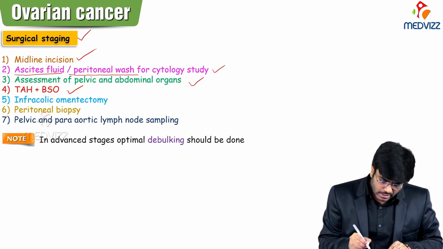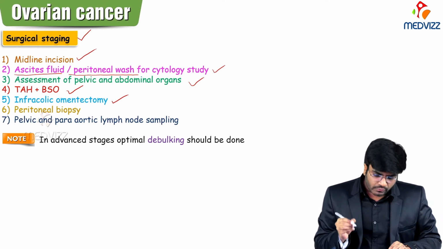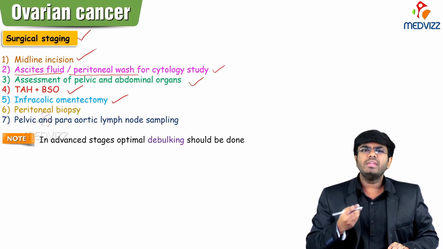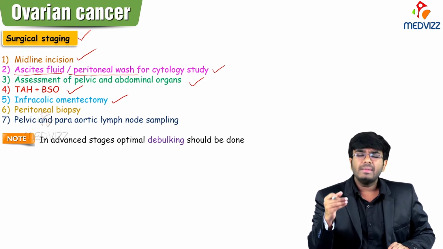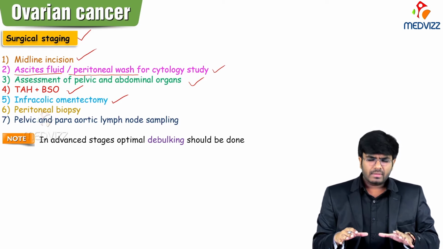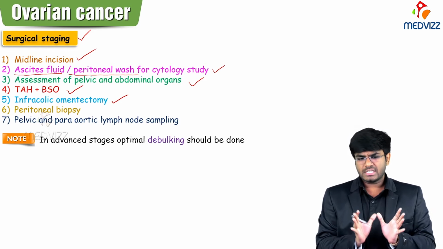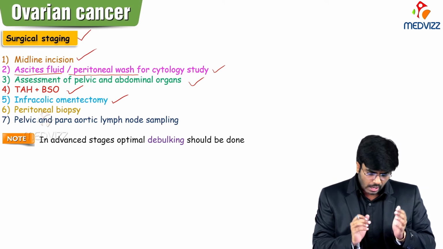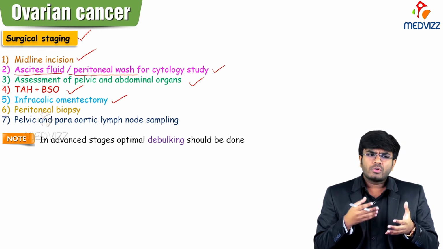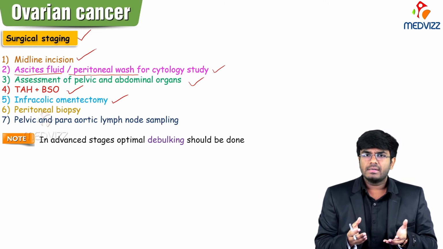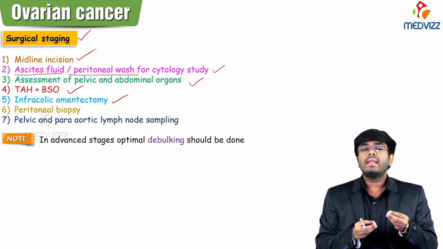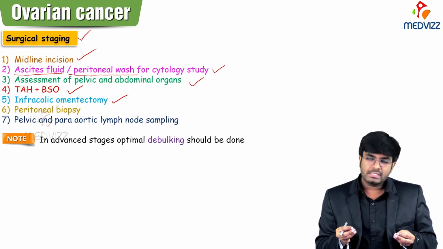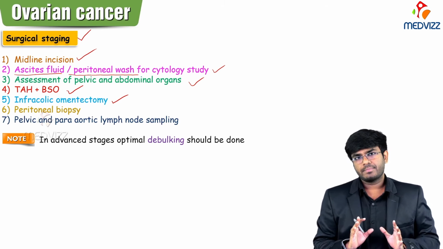Now after that, you have to do the infracolic omentectomy. Why do you want to do the infracolic omentectomy? Because there is no gross pathology. It's looking like only the ovaries are affected. Now, you don't know whether the tumor cells have already metastasized to the pelvic organs.